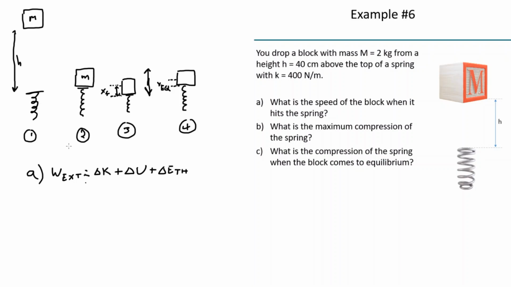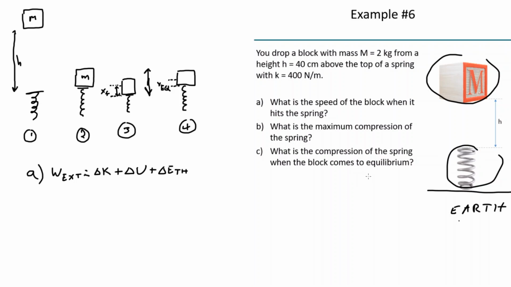All right, so what are the forces acting on the system? Well, there's the gravitational force on the block, and there's the spring force that acts on the block when the block hits the spring. If we consider our system to be the block and the spring, and then Earth down here, which is exerting a gravitational force on the block.